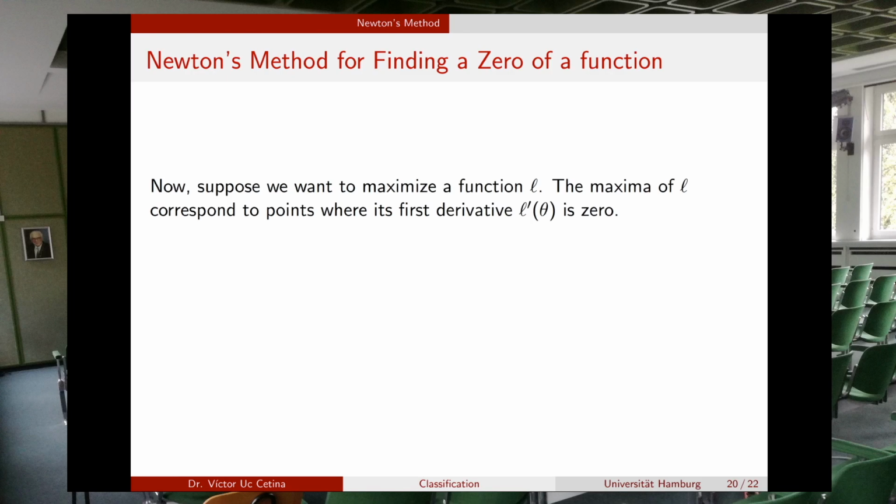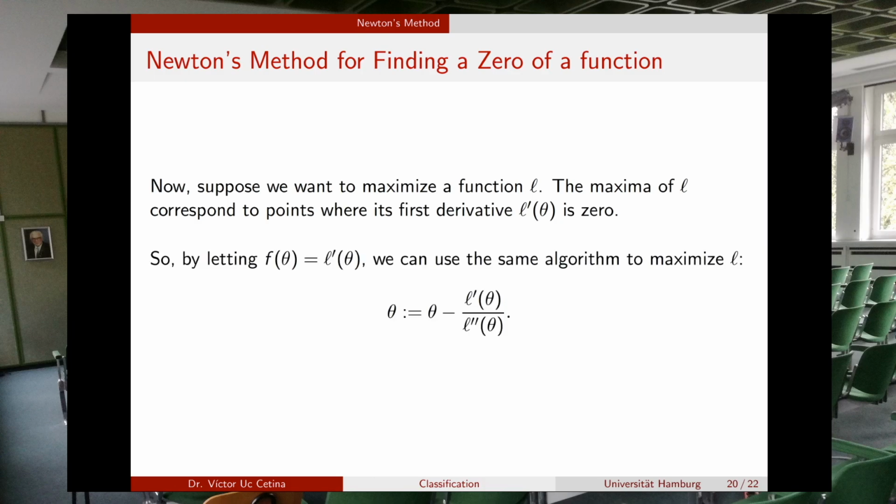In the previous slide we saw how we can go down, but you can also go up. To implement this rule for going up, you compute in the numerator of the rule the first derivative, and in the denominator you take the second derivative of the original function. So this rule will be for maximization.